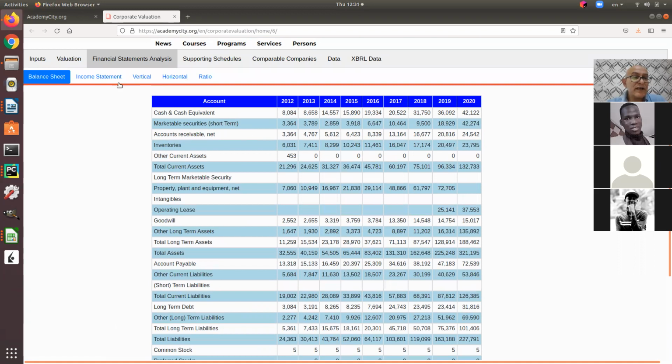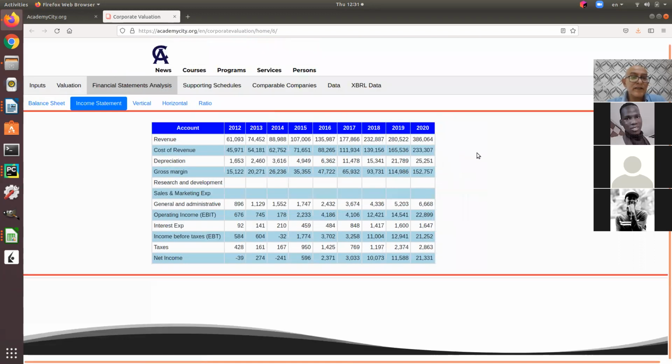What happened to the income statement? Curious. Look at the revenue, 61 billion. It's true the total assets went 10 times bigger, but the revenue today is more than 6 times bigger. It used to be 61 billion revenue, it is 386 billion today.